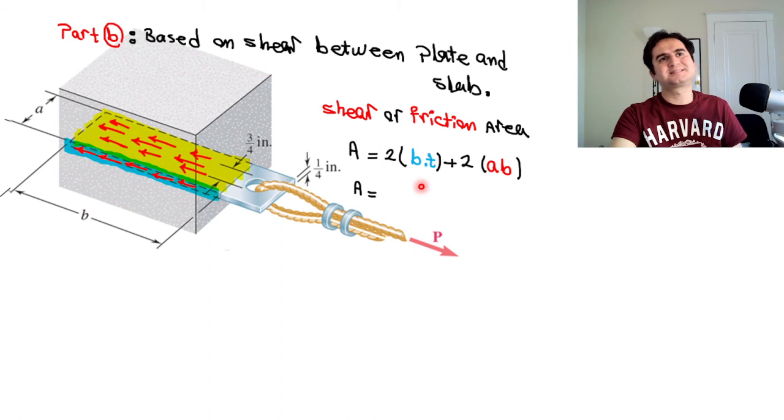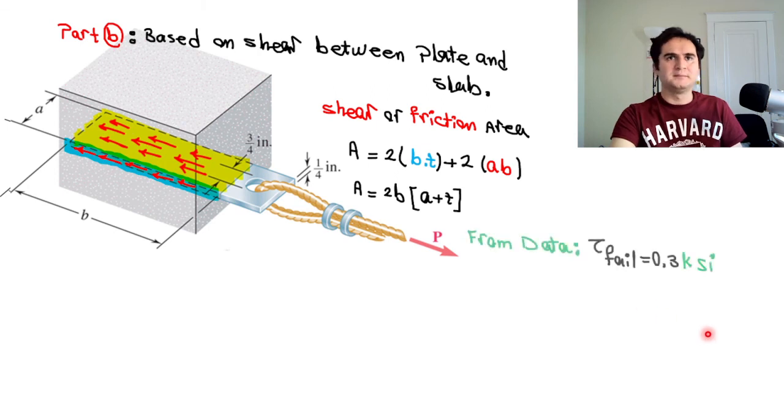So that's 2BT. Sorry, 2BT stands for the blue one, the sides, and AB are the top and bottom surfaces. So if we arrange the area, it gives us 2B in brackets A plus T, close bracket.